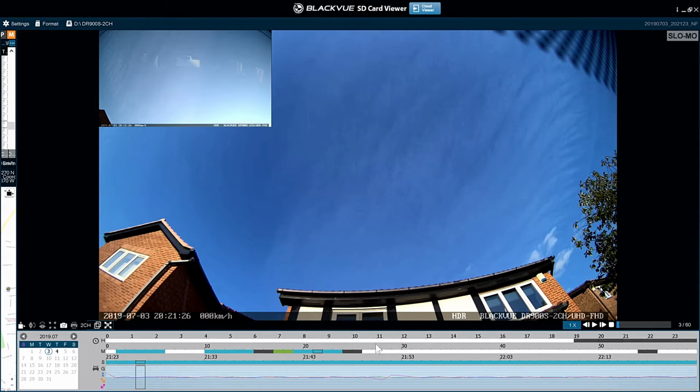Basically, it means that there's a gravity field above the car and on the side. This camera's got sensors, and when it feels something above it or on the side, it can detect these movements.